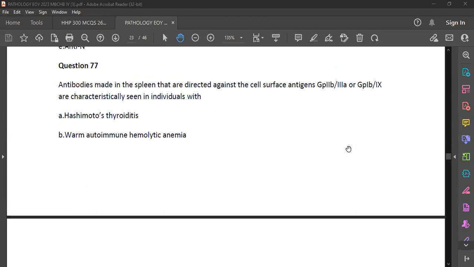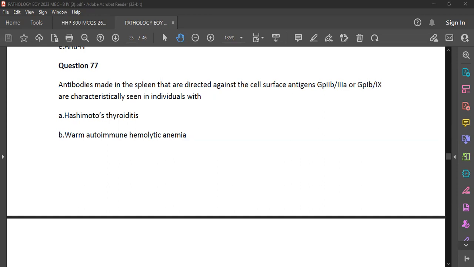Right, so antibodies made in the spleen that are directed against the cell surface antigens, the GP2B and 3A, or GP1B or IX, are characteristically seen in individuals with. So who knows where these antigens are found?